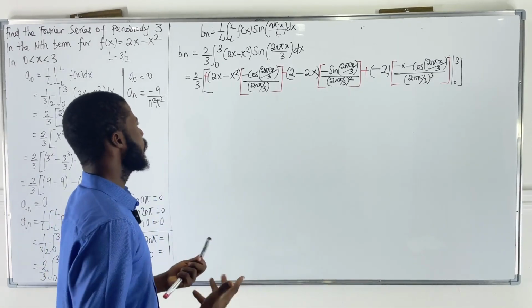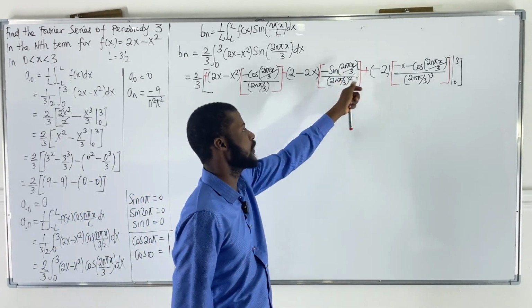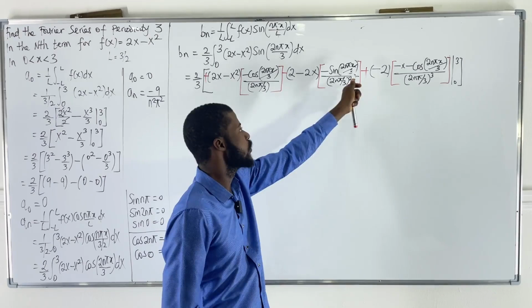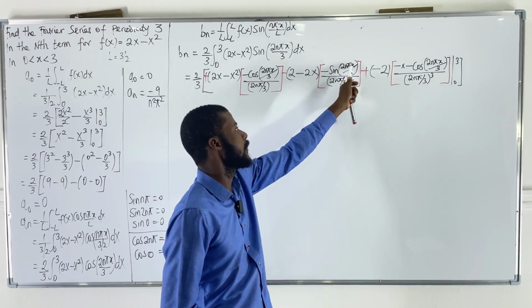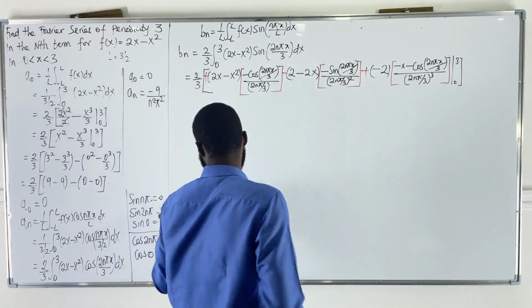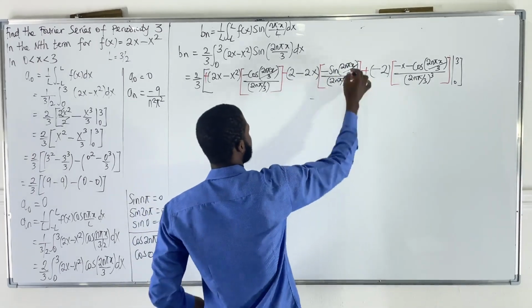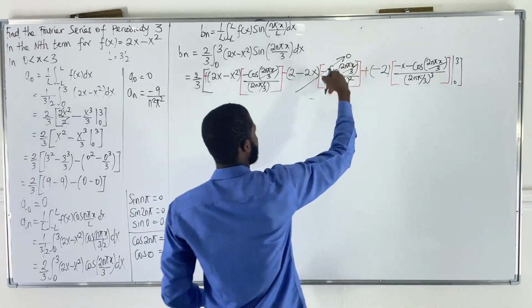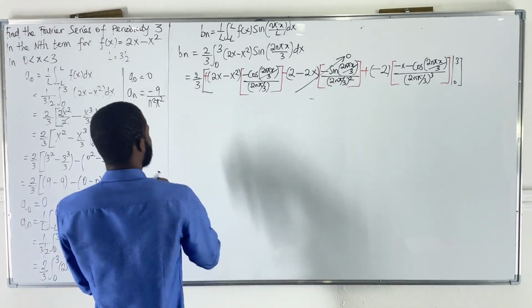Now, to make life easy, as in the previous example, we know that the sine term will give us 0 over that interval. When you put 3 here, 3 over 3 is 1, 1 times 2n pi is 2n pi, and sine 2n pi is 0. So this is just gone; everything here is 0, so I don't want to waste my time. Let me simplify the other side.